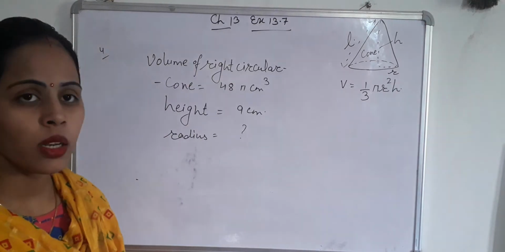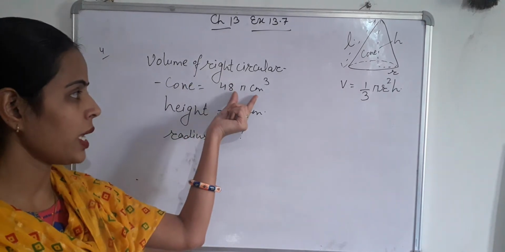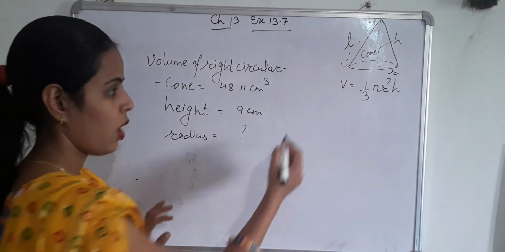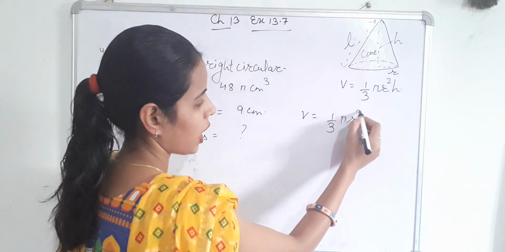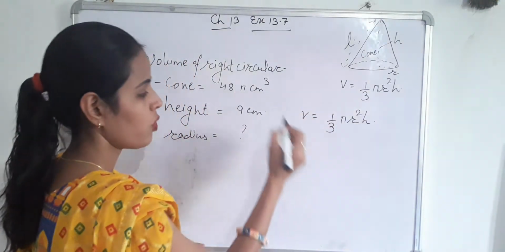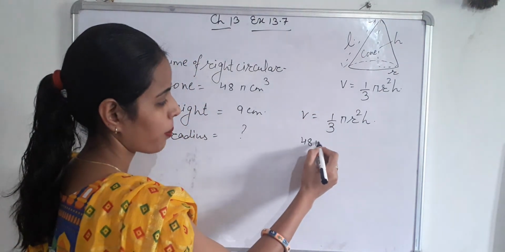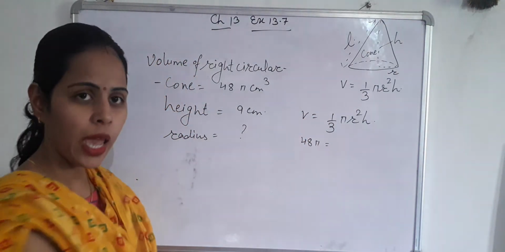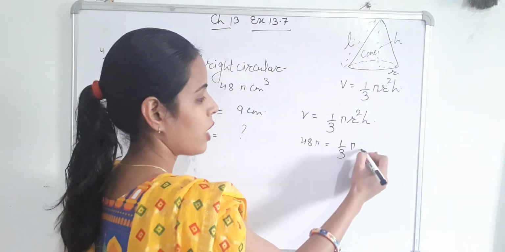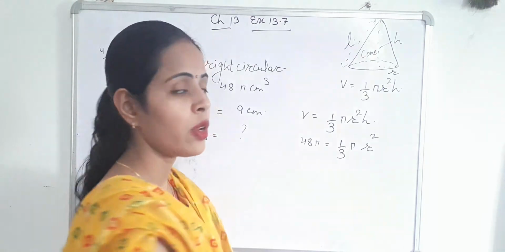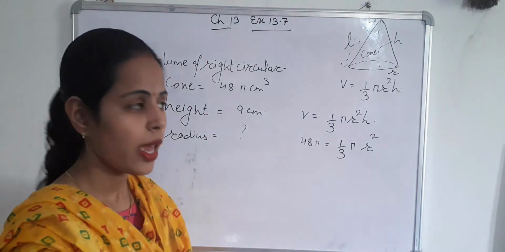Volume is given, 48 pi centimeter cube. Volume is equal to 1 upon 3 pi r square h. Volume is given 48 pi. Write pi as it is: 1 upon 3 pi r square. We have to find the value of r, so write r as it is.